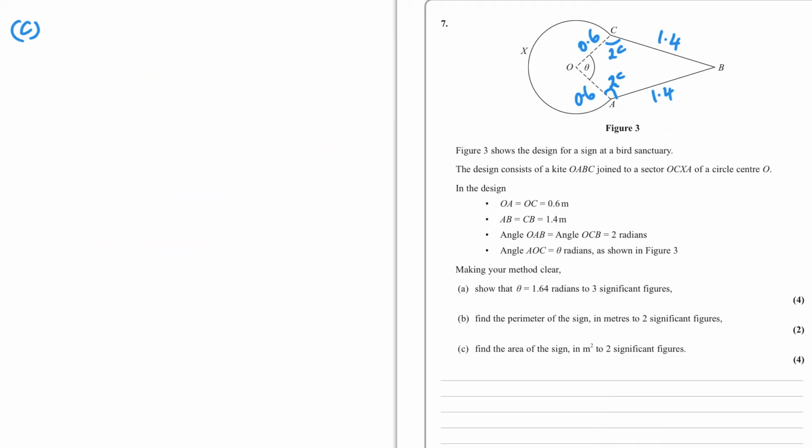Now finally I need to find the area, so let's find the area of the major sector first. So the area of a sector is a half r squared theta. The major sector would be a half times 0.6 squared times 2 pi minus our value of theta, that 1.64.